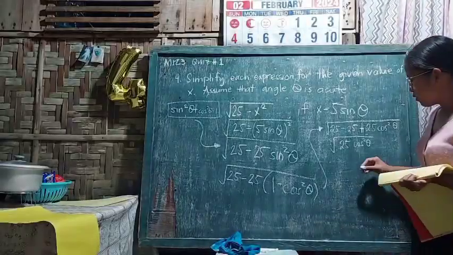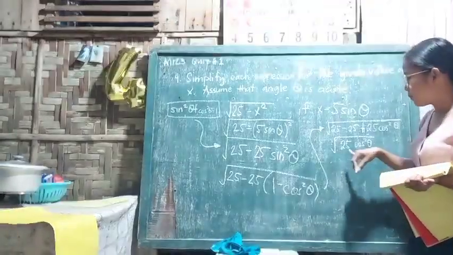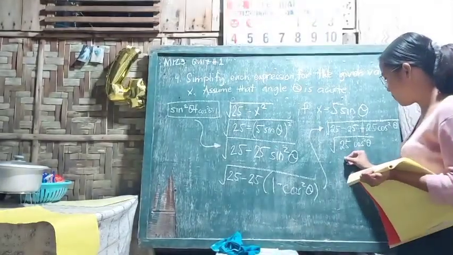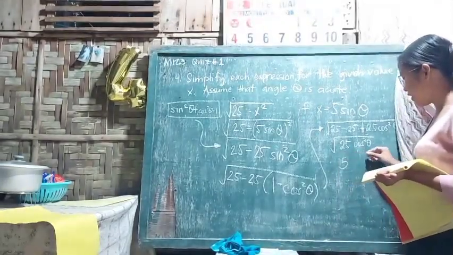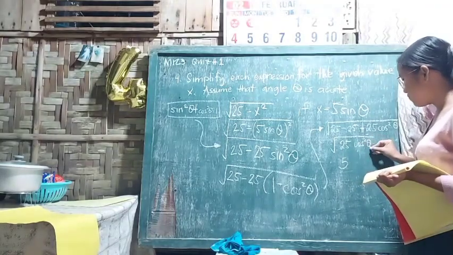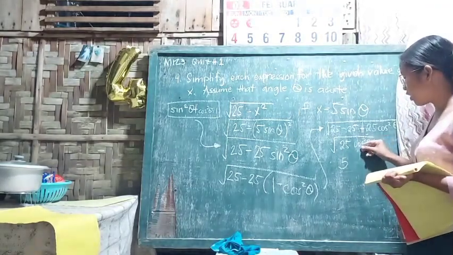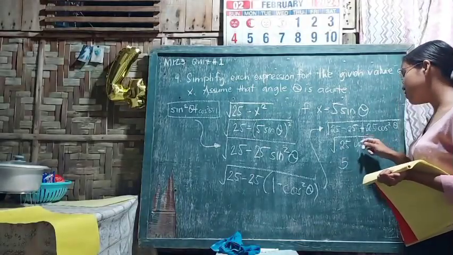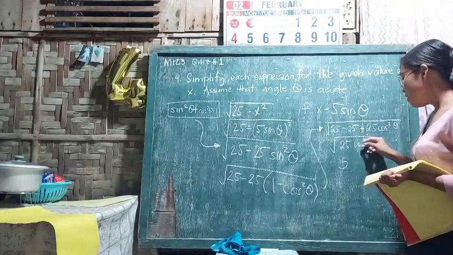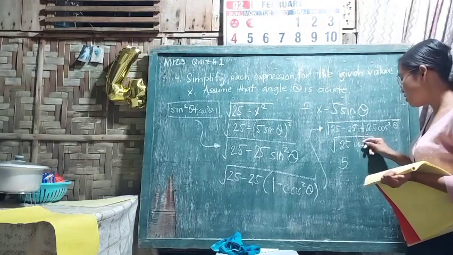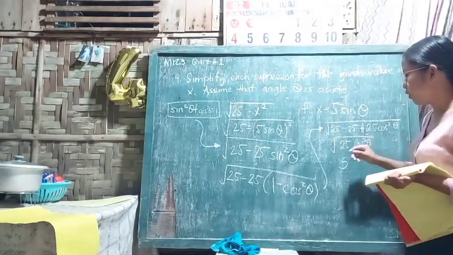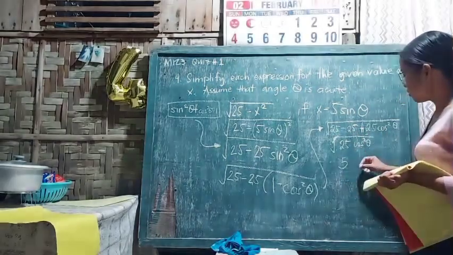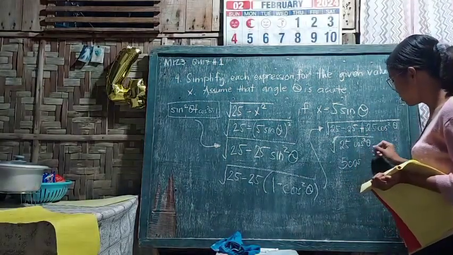And now we are going to simplify this. 25 is a perfect square, so it's going to become 5. And then cosine squared theta, since our cosine is squared, this exponent and this radical symbol cancel each other out, so they are now gone.